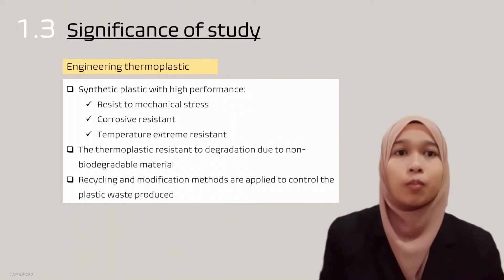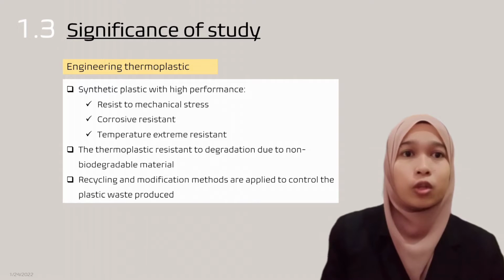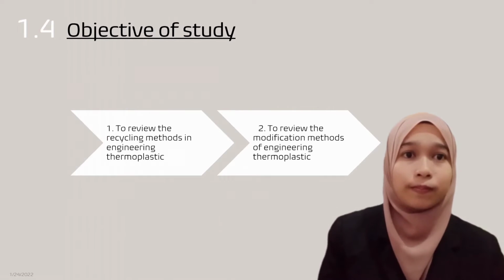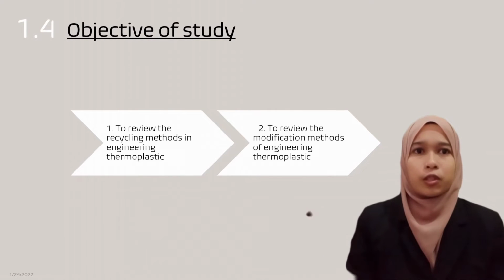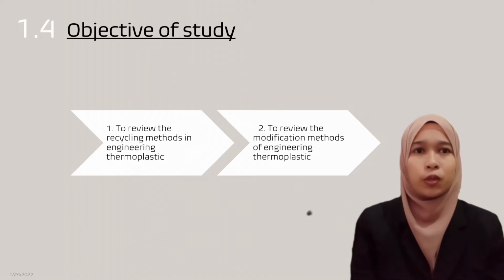So recycling and modification methods are applied to control the production of plastic waste. The objective of this research review, first, is to review the recycling methods in engineering thermoplastic. The second one is to review the modifications of engineering thermoplastic.